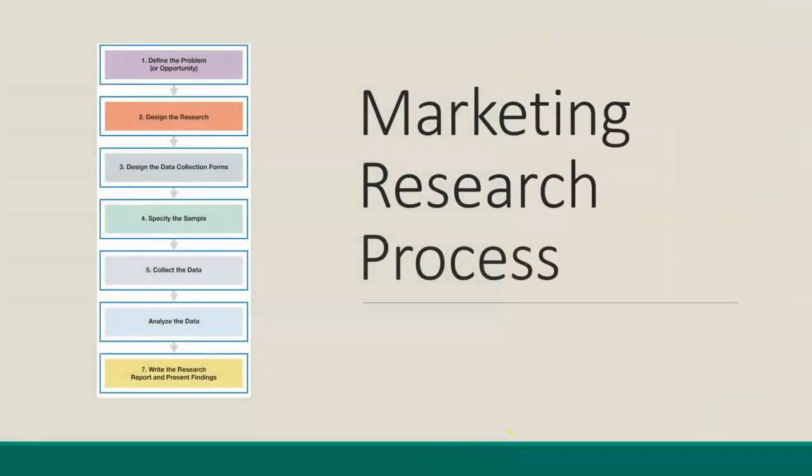On to the next slide. This is the marketing research process. Our third extra credit question: what other process does this look like? There's another process that utilizes similar steps, 1, 2, 3, 4, 5, 6, 7, similar to this, but they utilize it in another industry.